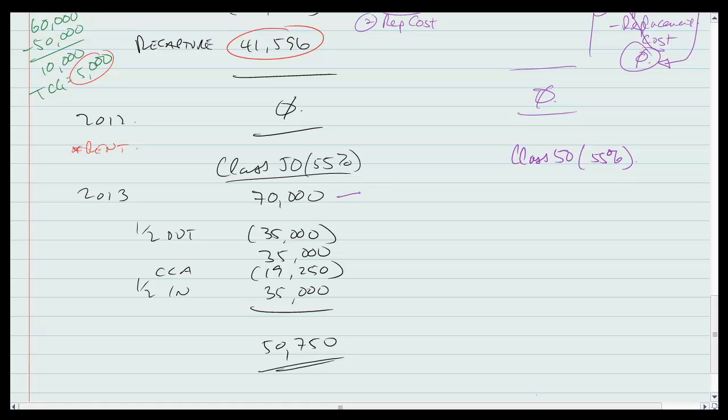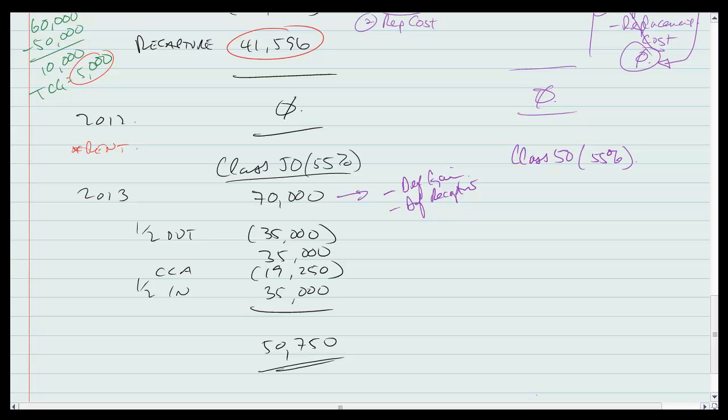So it's going to be this less the deferred gain, the gain that we did not recognize, and the deferred recapture.